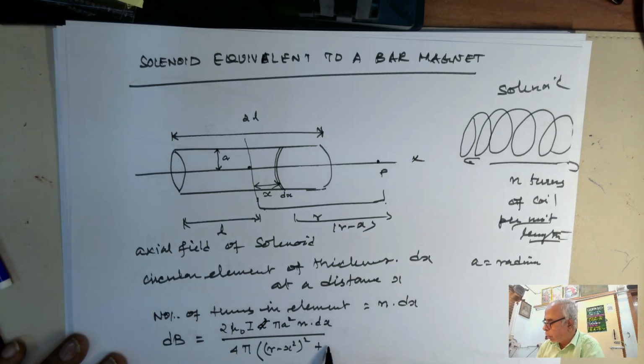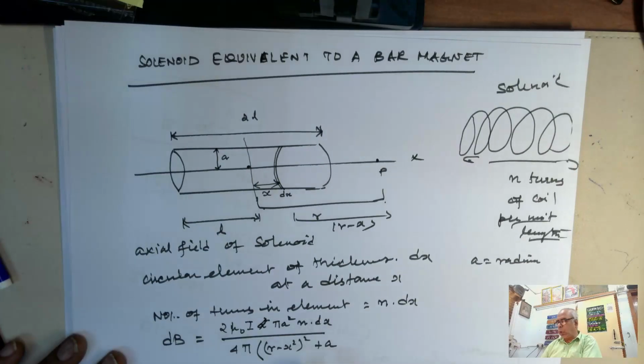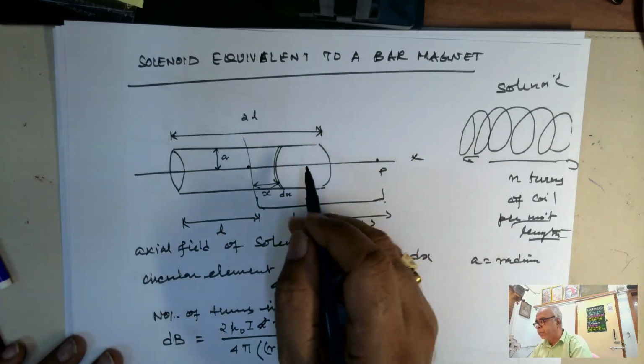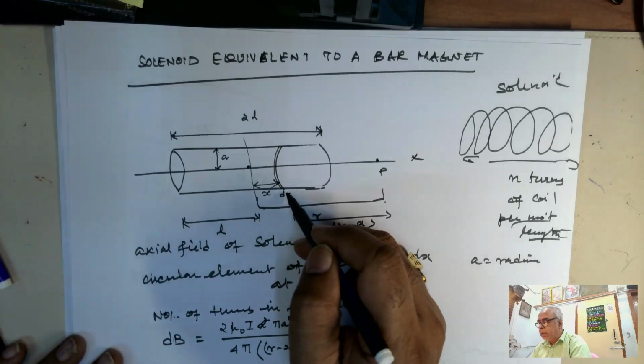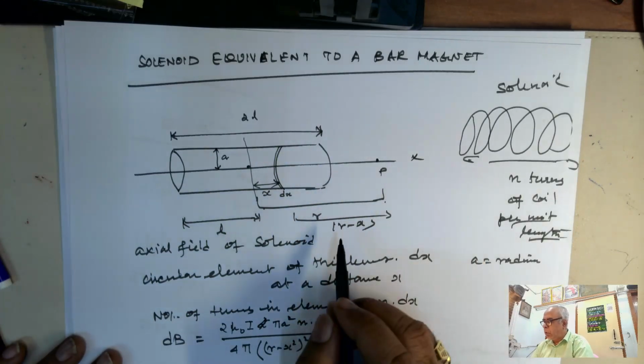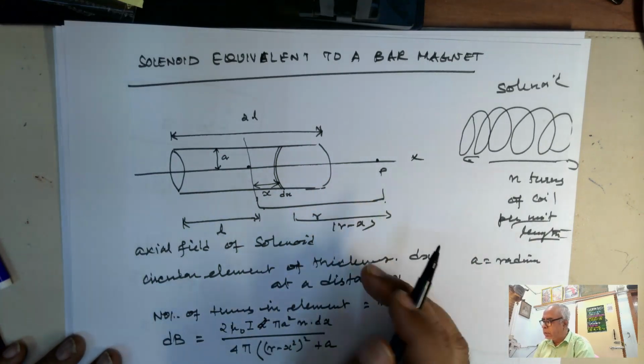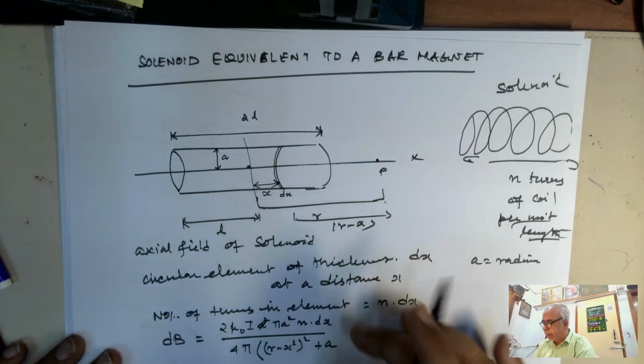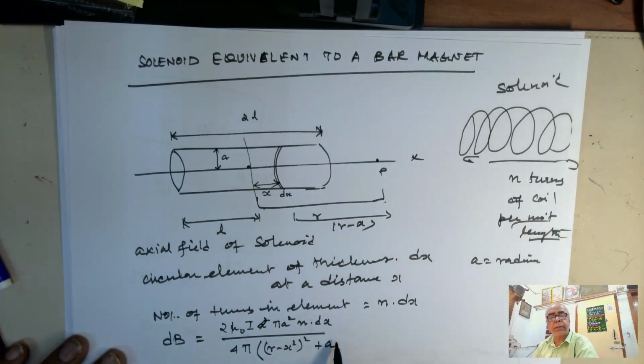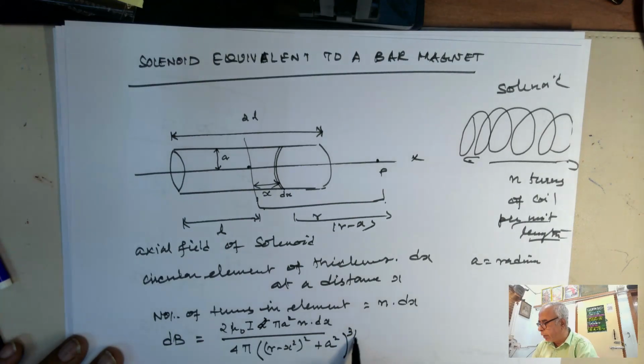We already got that formula for axial field, r squared plus a squared. So instead of r, we can put r minus x whole square, because we are discussing a particular element dx, kept at a distance r minus x, plus a squared, whole power 3 by 2.